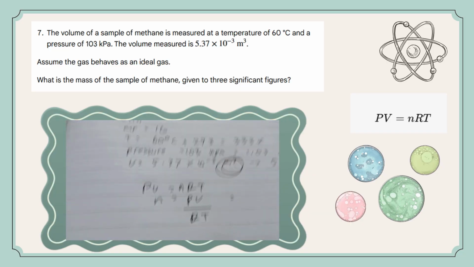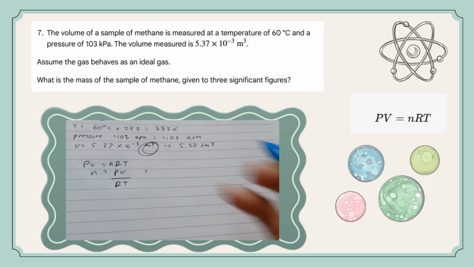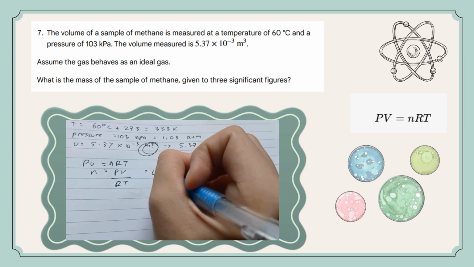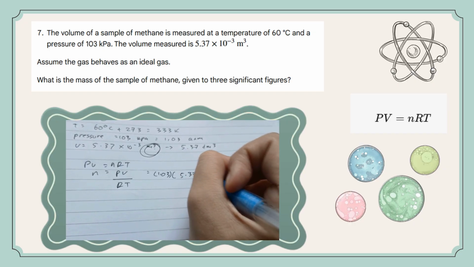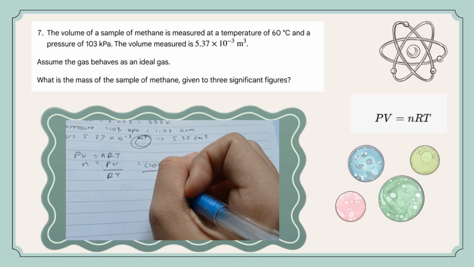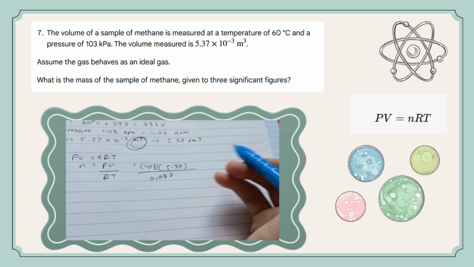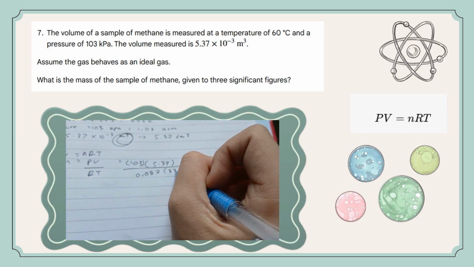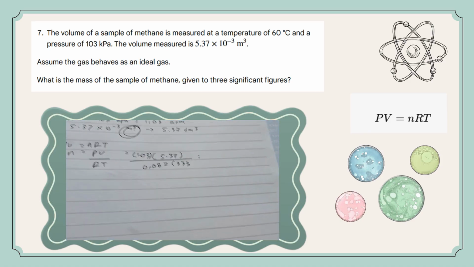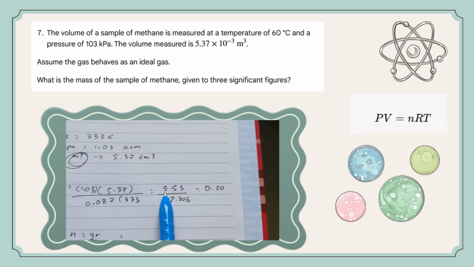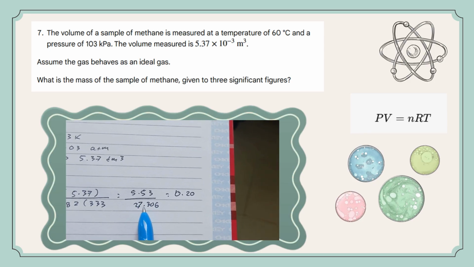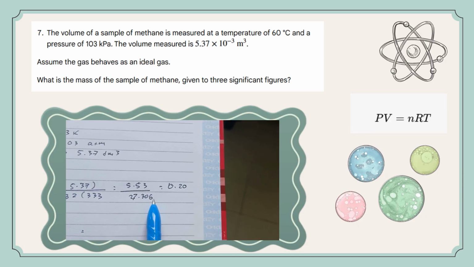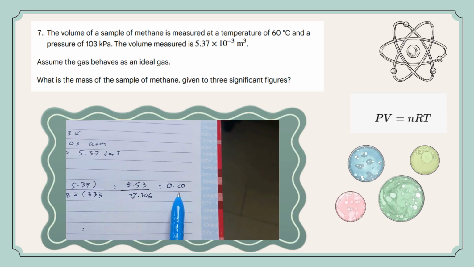We know the pressure is and the volume is, divided by R, which is 0.082. Okay, until here we got 5.53 divided by 27.306 and we got 0.2.